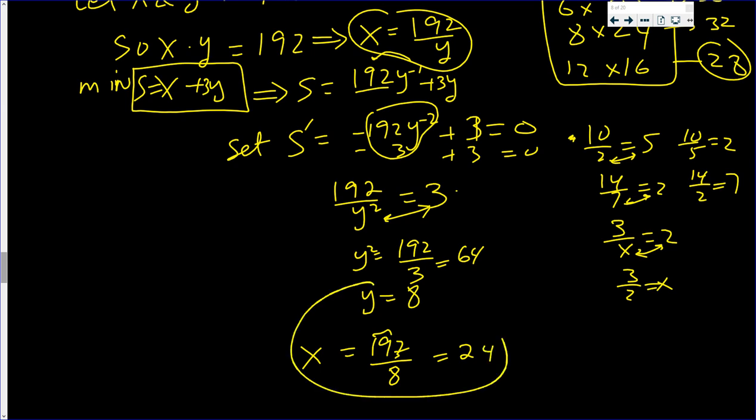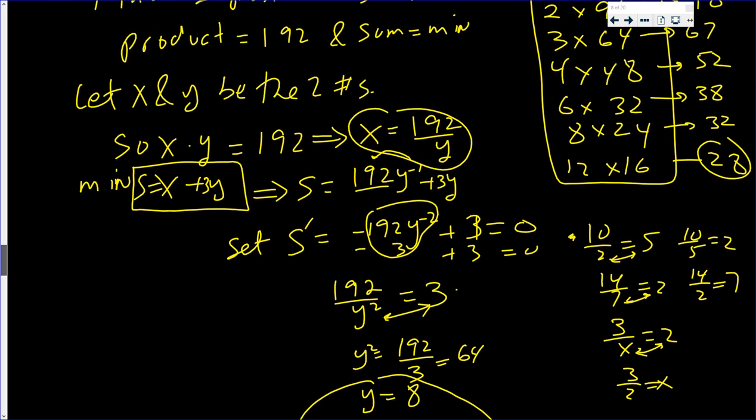Those are the two numbers. So that's the min sum: 8 and 24.